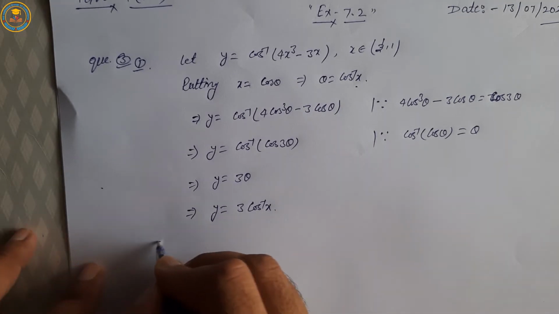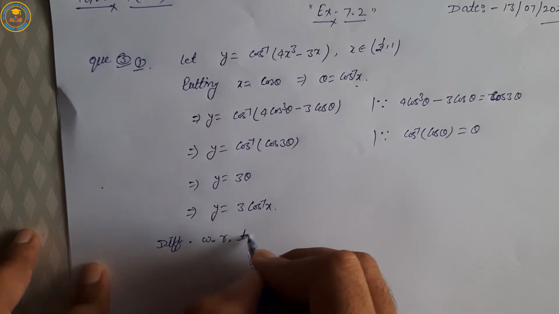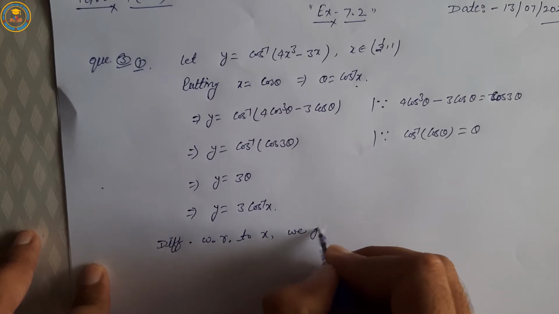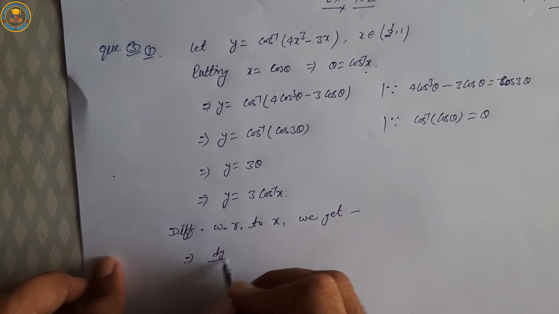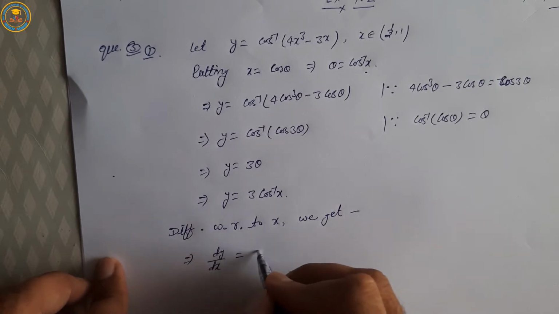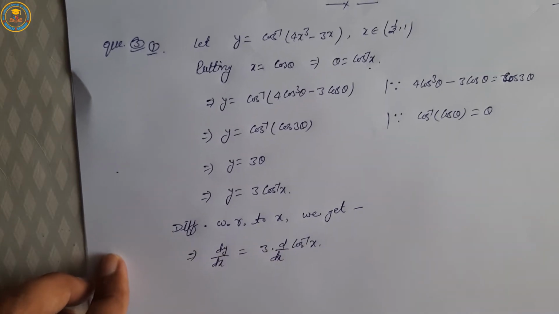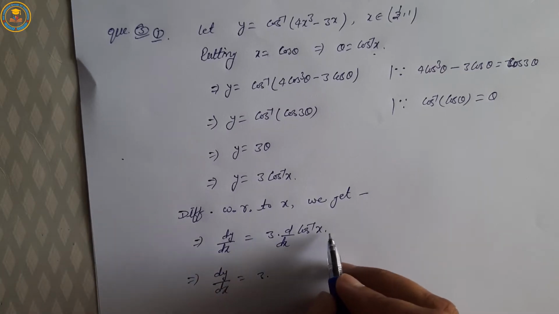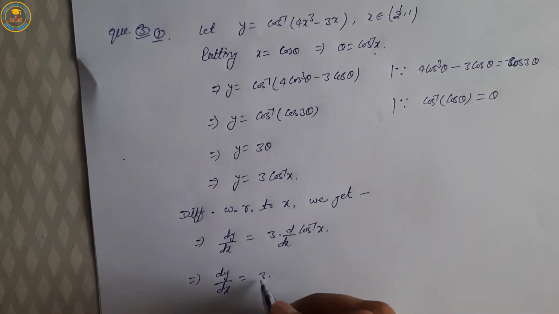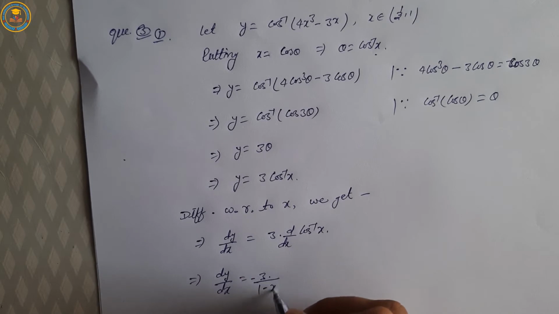Differentiating with respect to x, we get derivative of y, dy by dx is equal to 3, a constant, into d by dx of cos inverse x, implies dy by dx is equal to 3 into d by dx of cos inverse x, which is equal to minus 1 upon root of 1 minus x square.